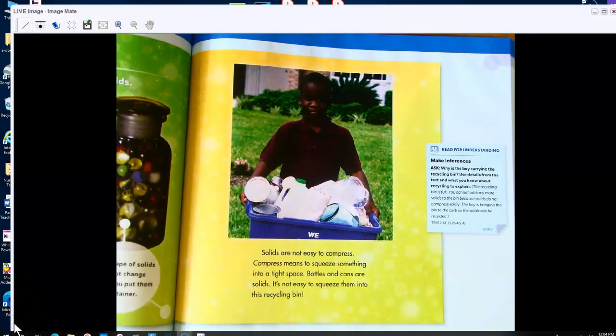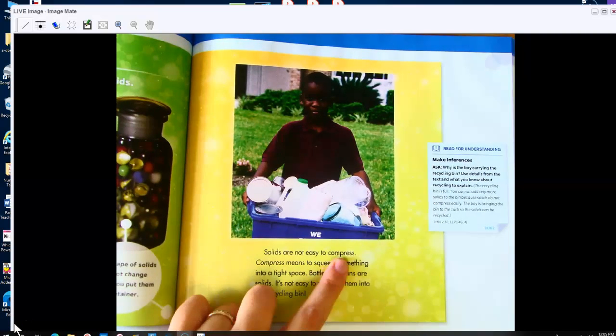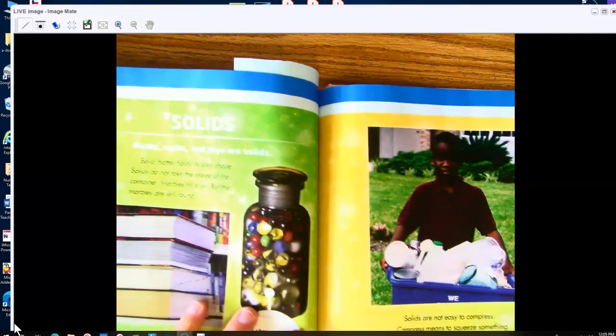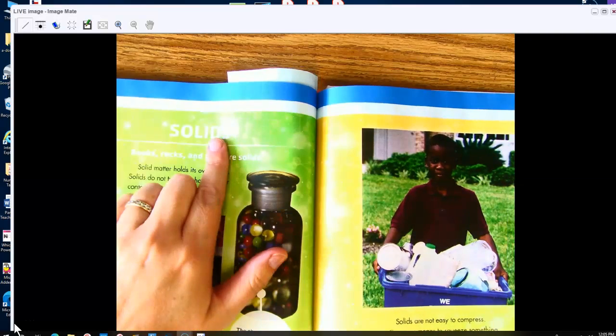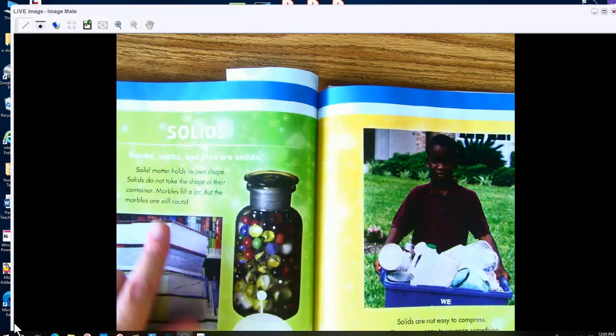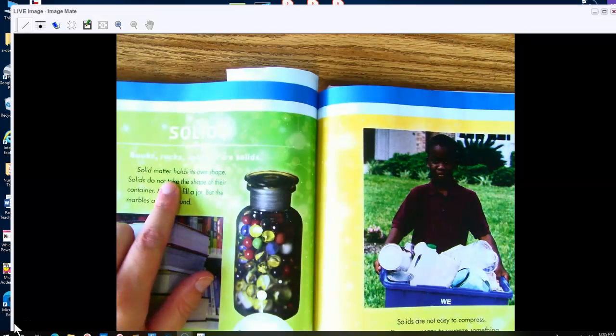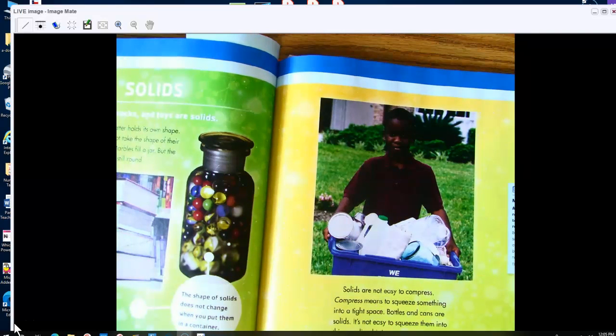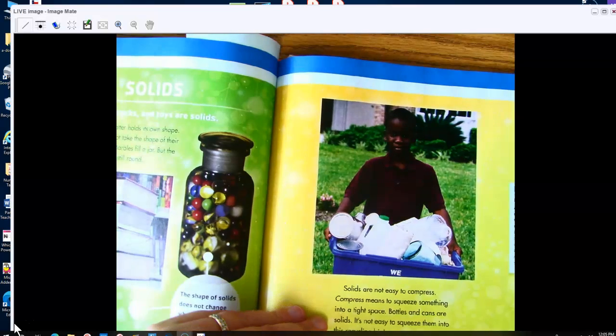Okay, so another thing we learned about solids is they are not easy to compress. So we said we were going to underline those. So now we can understand what the word solids means. We use the clues in our story, right? We know that solids means it holds its own shape, and we know that solids means it is not easy to compress. Compress means squeeze. It's really hard to squeeze a solid like a desk or a building, okay, or a rock, yes.